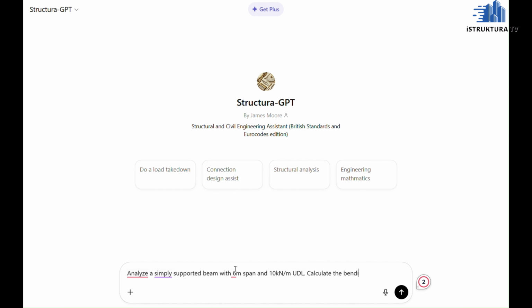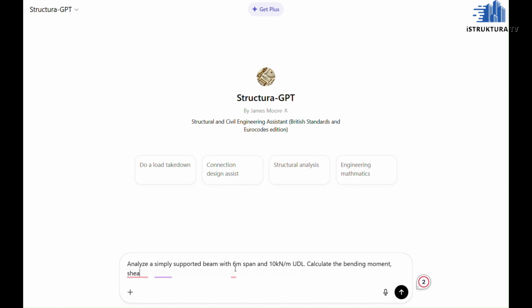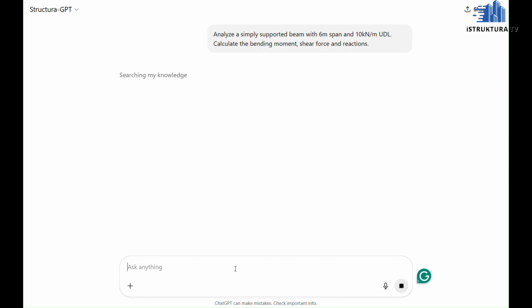Calculate the bending moment, shear force, and reactions. Okay, let us see if it gives the correct bending moment, shear force, and reactions. Enter.